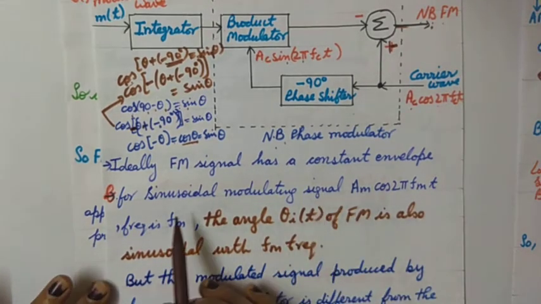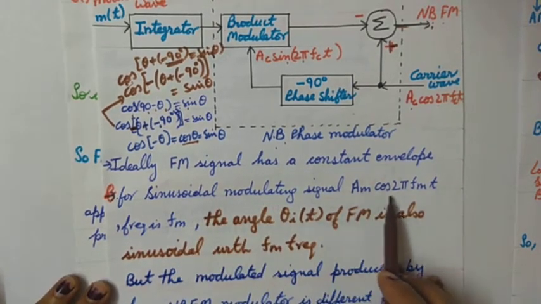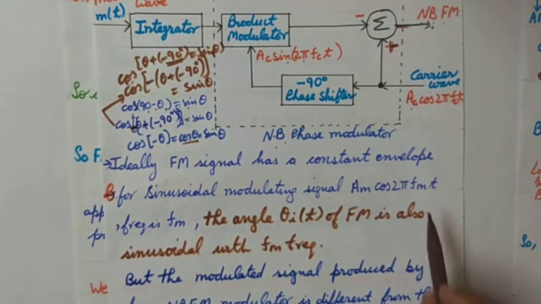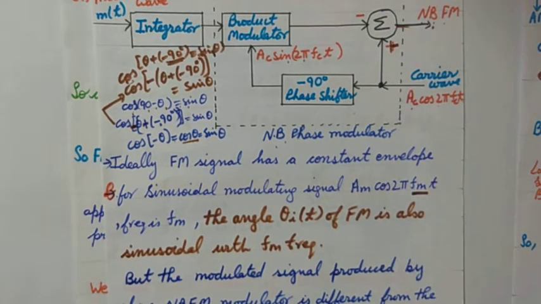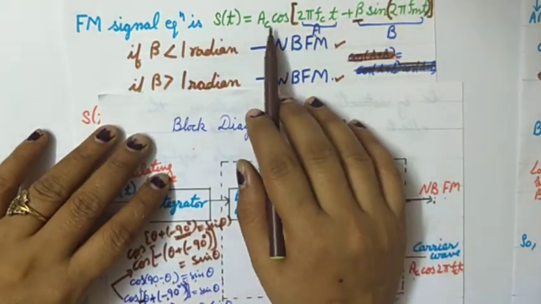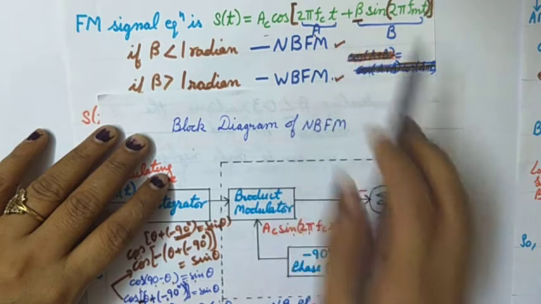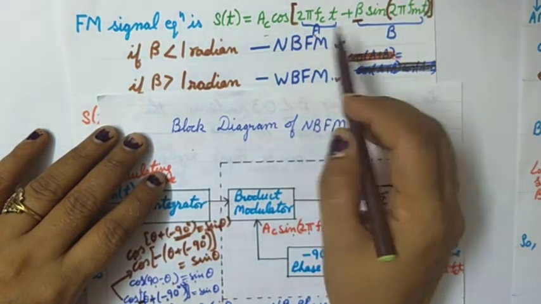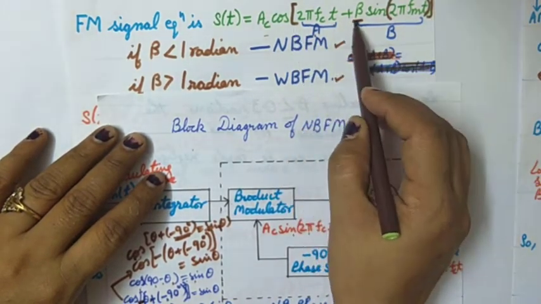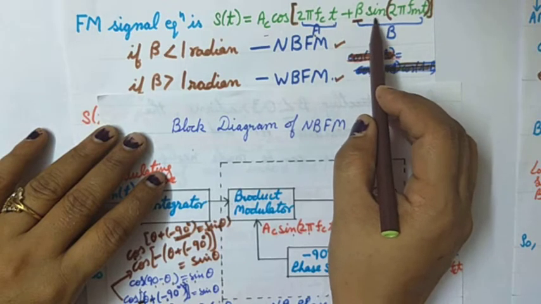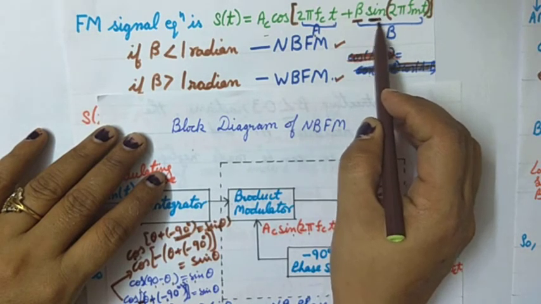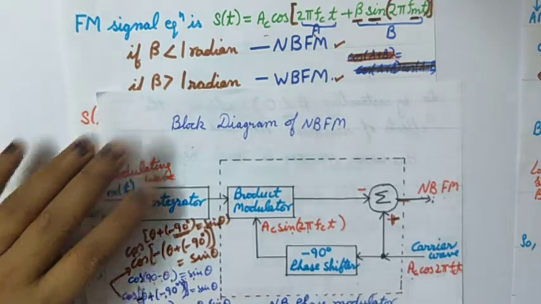Here we have used a sinusoidal modulating signal AM cos 2 pi FMT, we already discussed, and its frequency is FM. Here we have seen the equation of the FM signal as a whole is cos of 2 pi FCT plus beta sine 2 pi FMT. So the angle itself has a sinusoidal term, and that too with frequency FM.